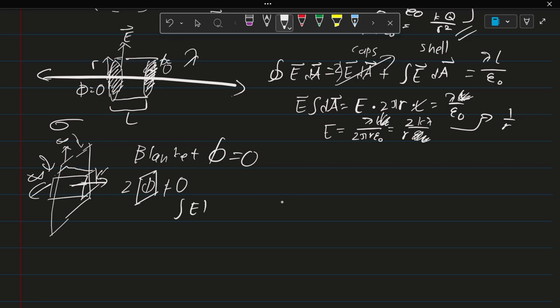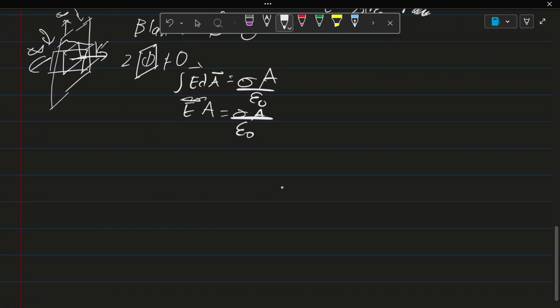It's the integral of E dA vector over the Q enclosed, which is sigma times the area. So it will be E vector over epsilon 0. It will be E vector times A vector, so it's pretty much just EA because they are parallel to each other. So it's EA times sigma A over epsilon 0. So we figured out what the electric field is. It's sigma over epsilon 0.